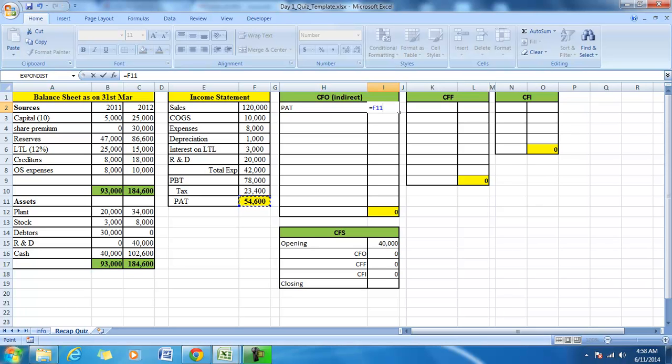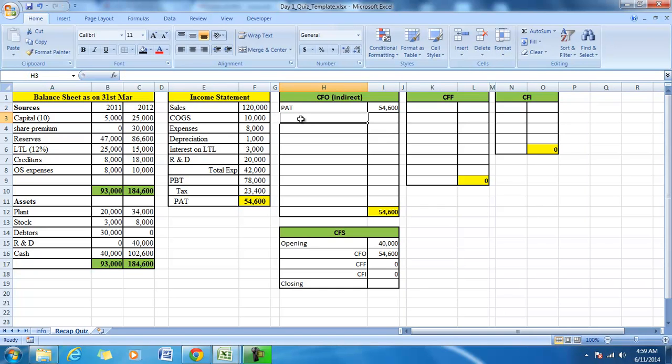PAT is not equal to cash flow, but we can derive the CFO by making adjustments for non-cash items like depreciation and amortizations, and non-operating items like interest and other non-operating items, if any. So let us see that here.